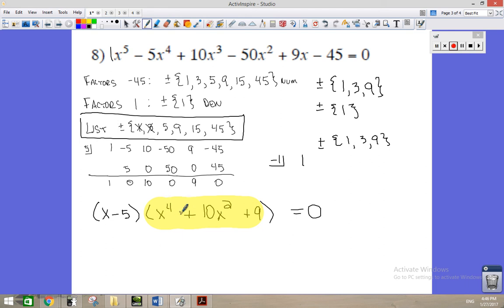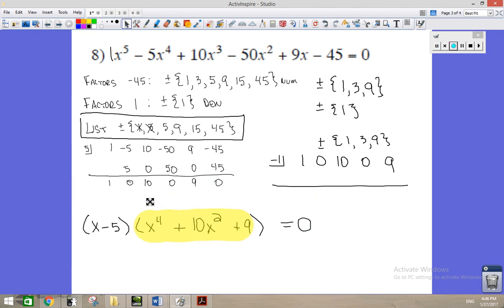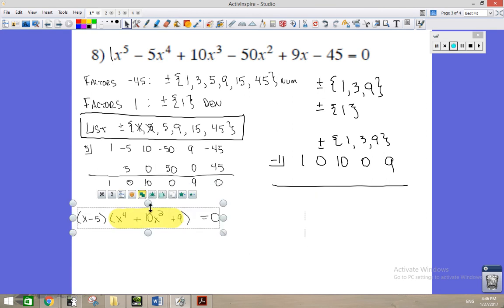Now, I don't have an x cubed term, so don't forget I need a 0 there. Then x squared, I don't have an x term, I need a 0. And then I have 9. So let's look and see what we get here. I'm going to have to scoot this down a little bit, because that's right up in my work area.